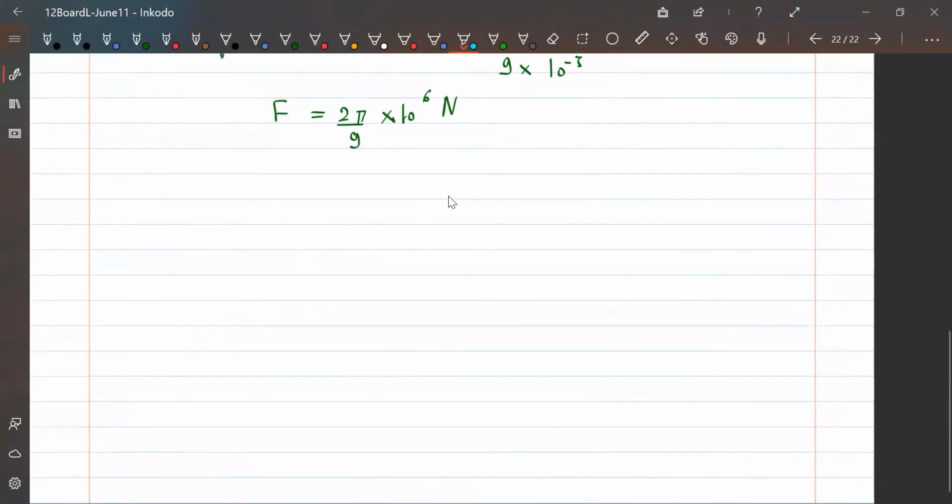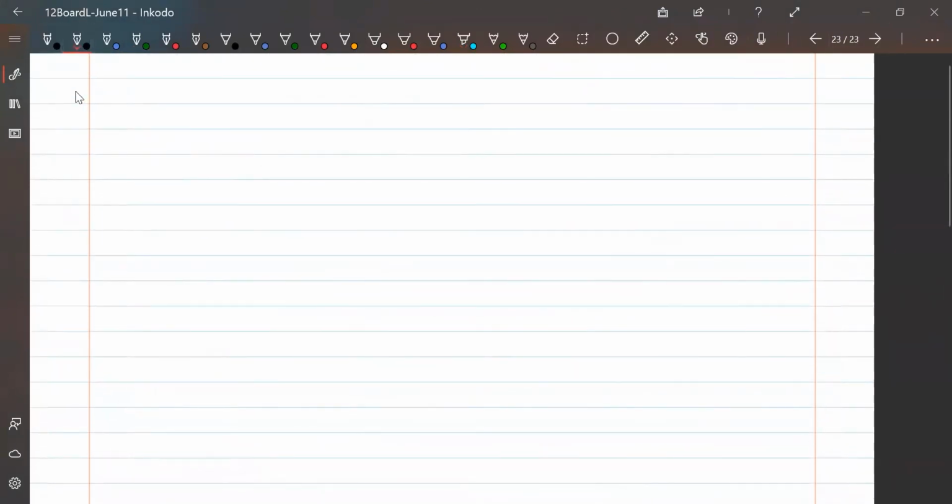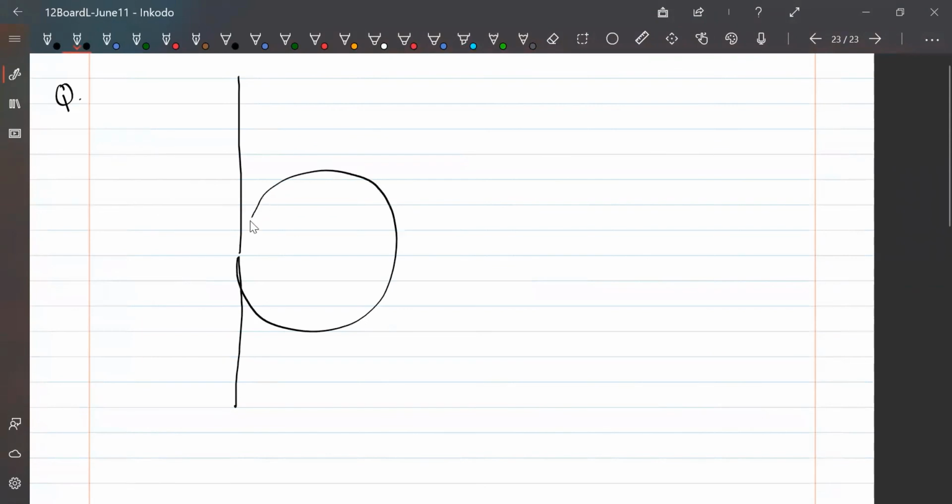Let us do one more question. So we have a straight wire. There is a small gap. And in that small gap, we are attaching another circular loop like this. The radius of this loop is, call it 10 centimeter.